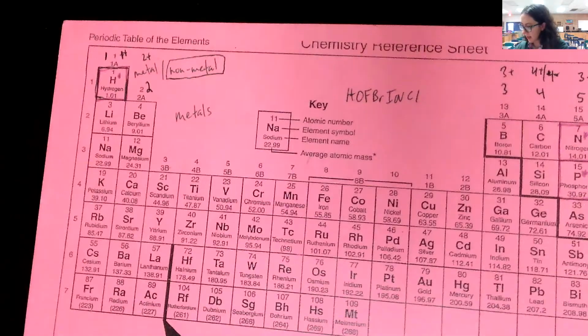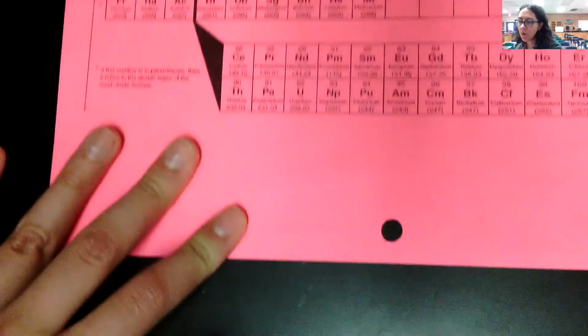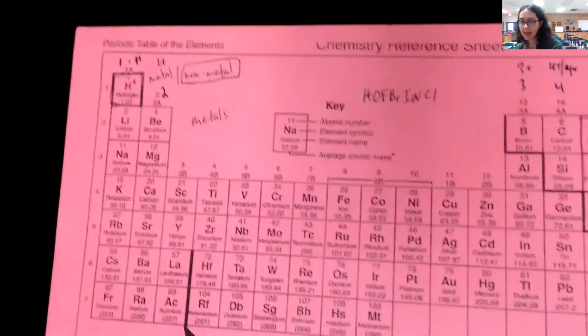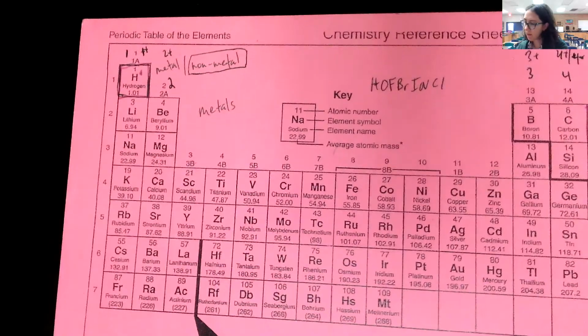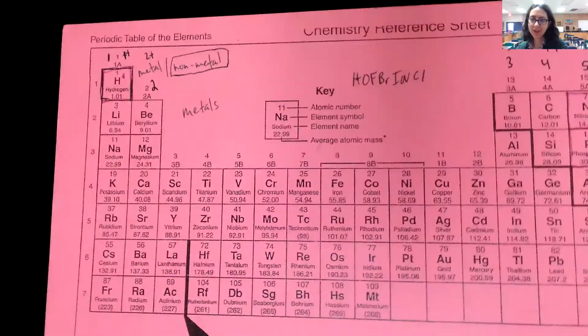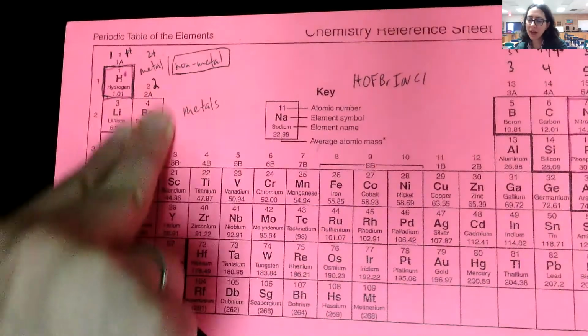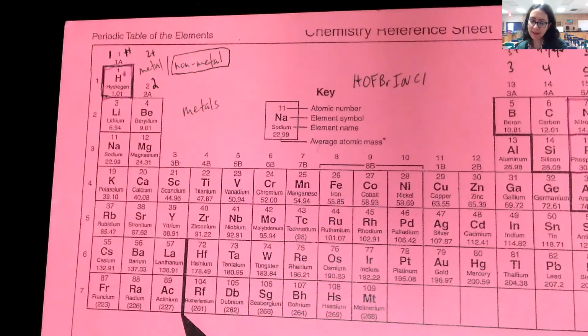I have made these models here. So the way that this works is that s orbitals only have 2 electrons, and that corresponds with this column. And what it's talking about is the valence electrons, which orbitals the valence electrons are in.